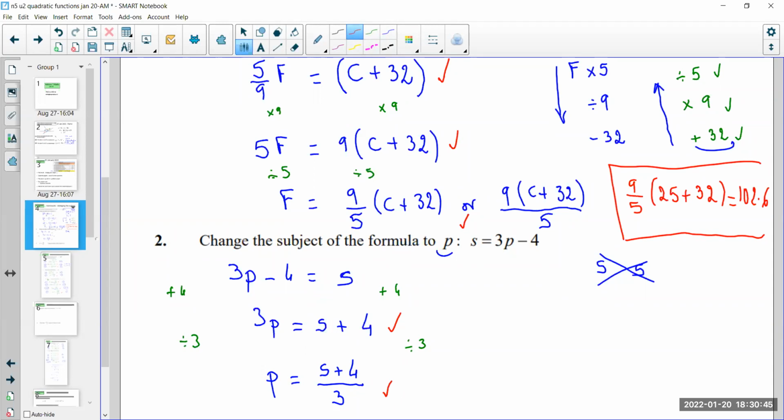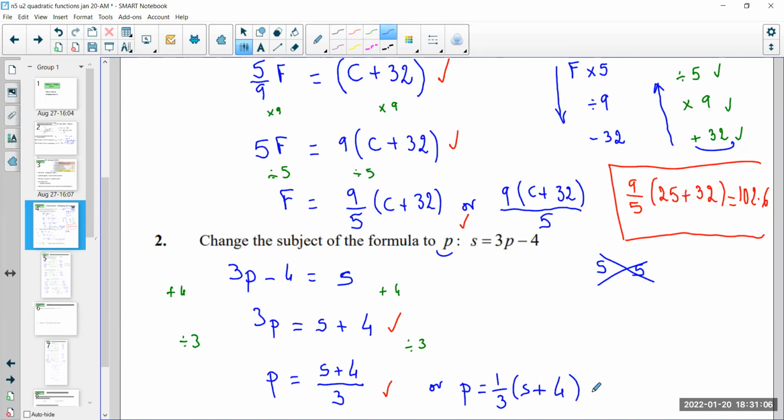Any questions? How we did it? Could we have given it into a different form? Yeah, if you had written P equal a third S plus 4, you would get your mark as well.